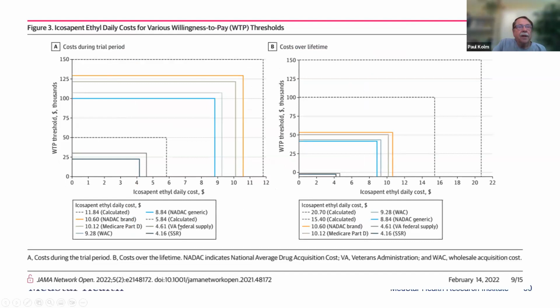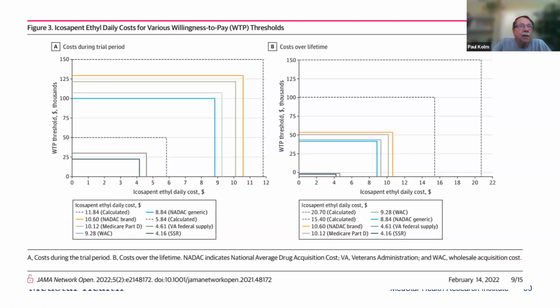We have costs that we got from the VA federal supply cost, which is fairly similar, but a little bit higher. Then our WAC cost of $928, and then some costs that are actually higher than that, and some that are in between. And so what we calculate based on these costs is what would the willingness to pay threshold be?